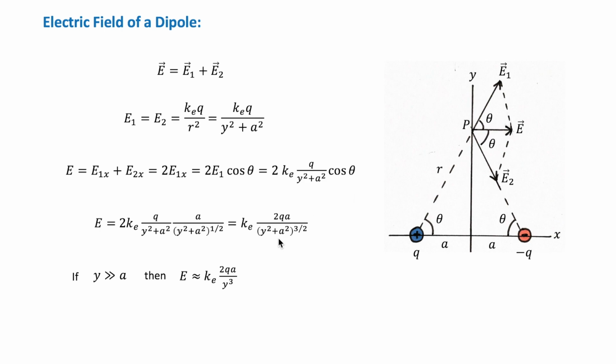So let's now find the electric field at a point y that is much larger than a, so far from the dipole. You can see that we can neglect this term, and the electric field is equal to k_e 2qa over y cubed, okay?